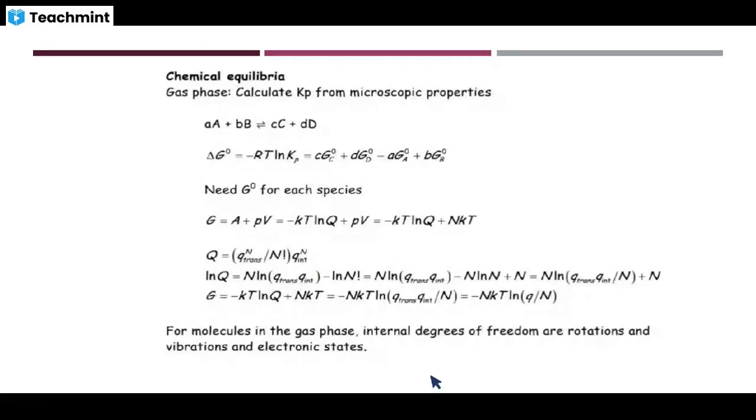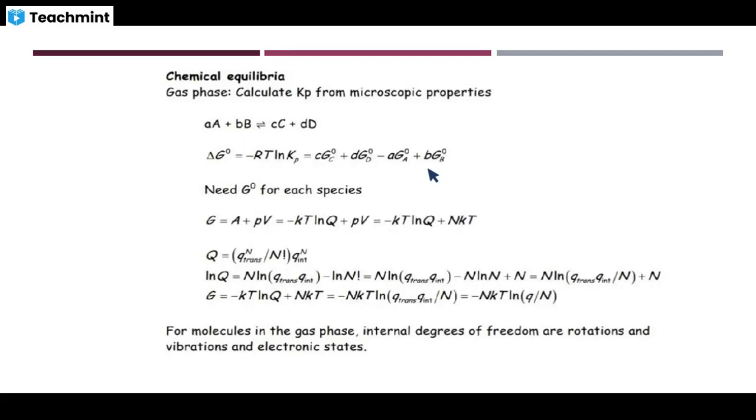Then the chemical equilibrium. So for gas phase, calculate gas Kp from microscopic properties: aA plus bB equal to cC plus dD. So delta G is nothing but minus RT ln Kp. Delta G is the product free energy minus the reactant free energy.